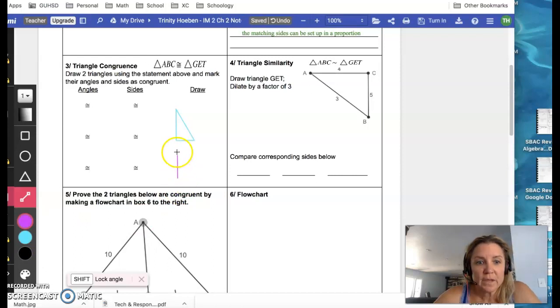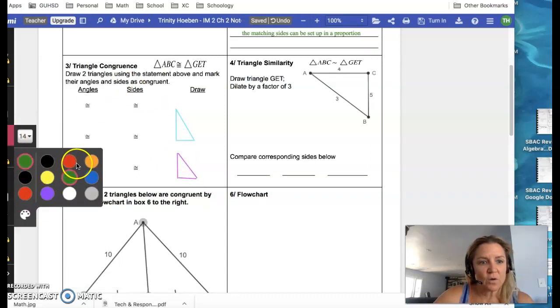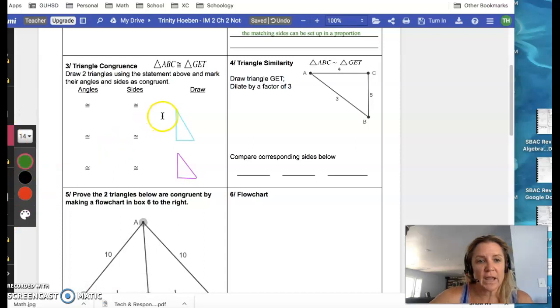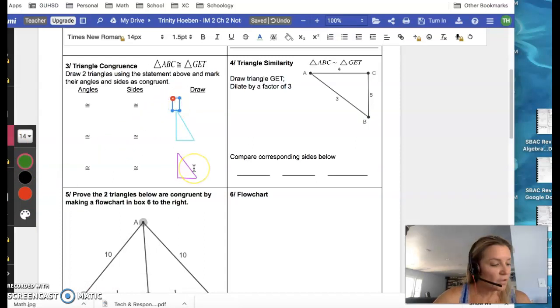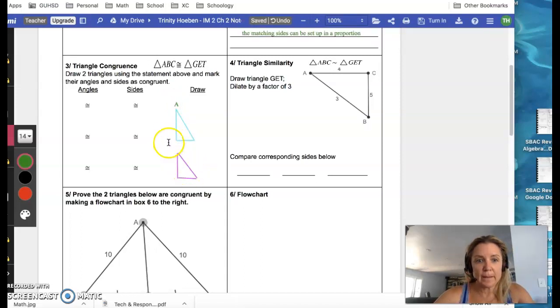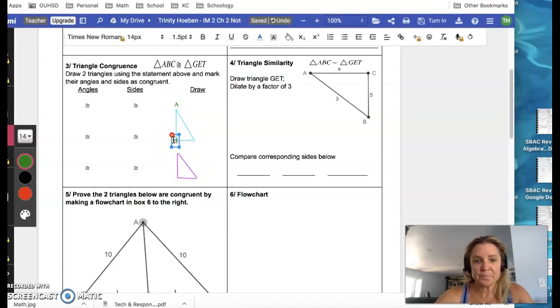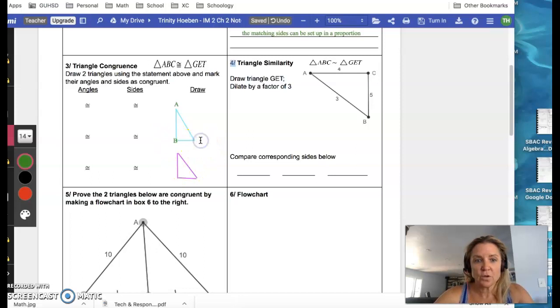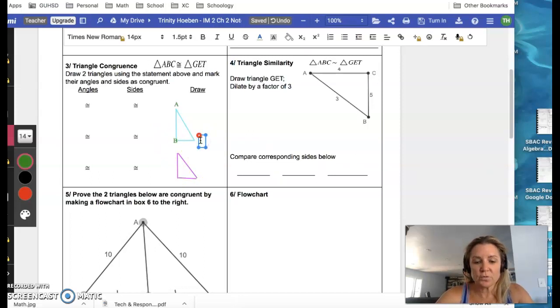It's just a rough sketch. It doesn't have to be exact, but they basically look the same, sort of. Let's use green, and we're going to call this one A, then B, and over here C. So there's triangle ABC.